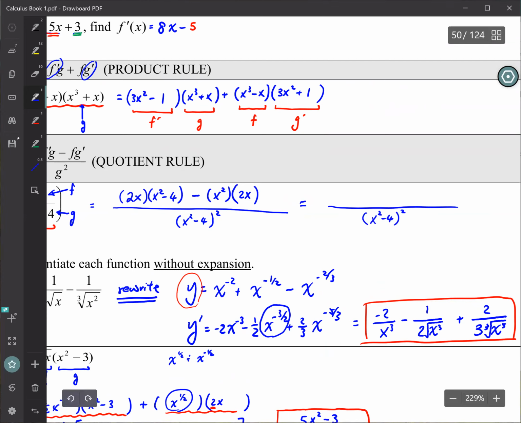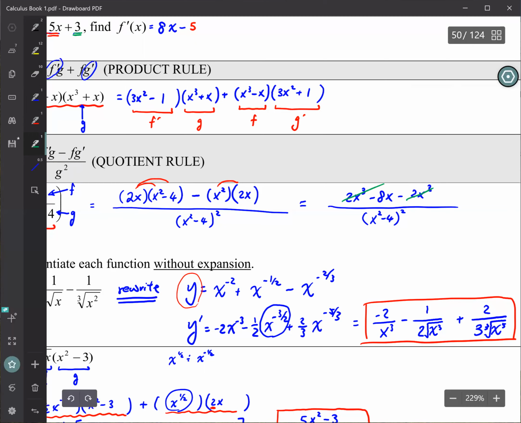So you get 2x cubed minus 8x minus 2x cubed. Okay, so that cancels out, right? These two are gone.